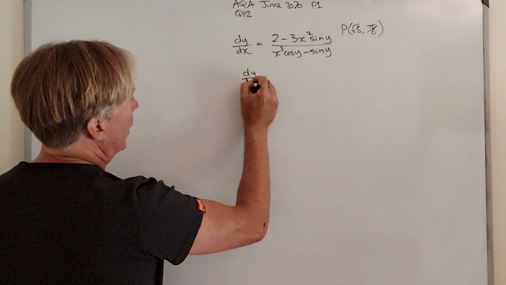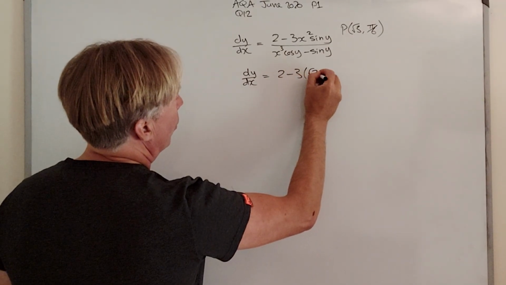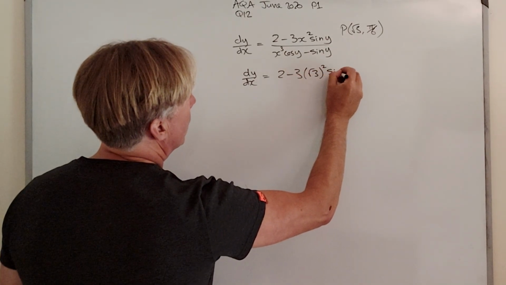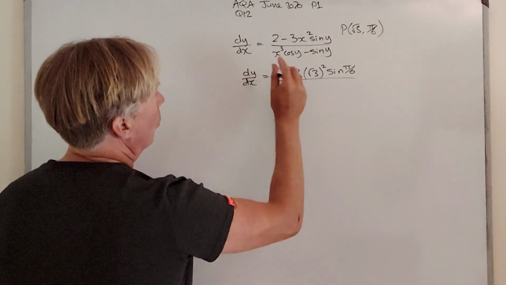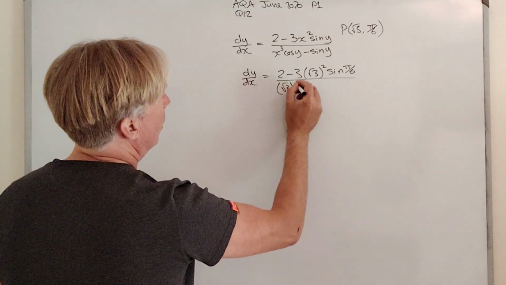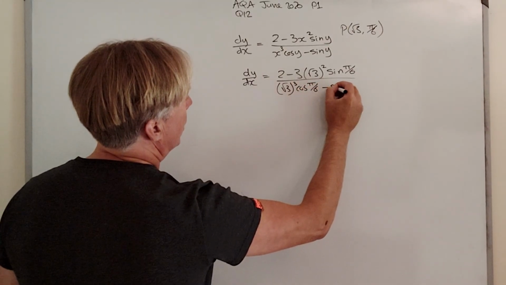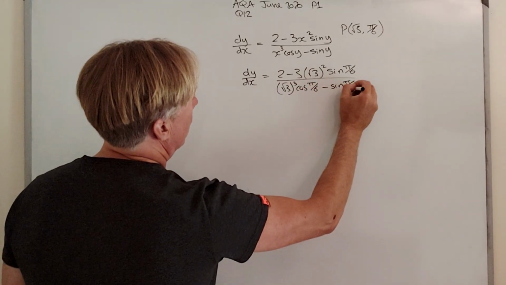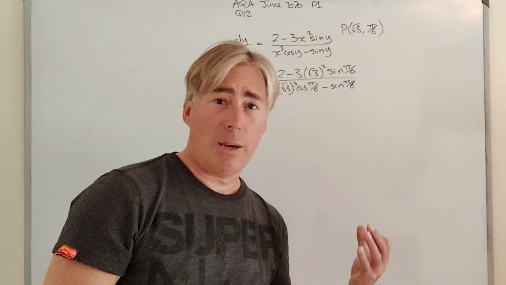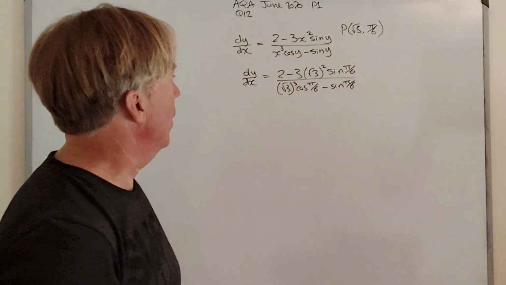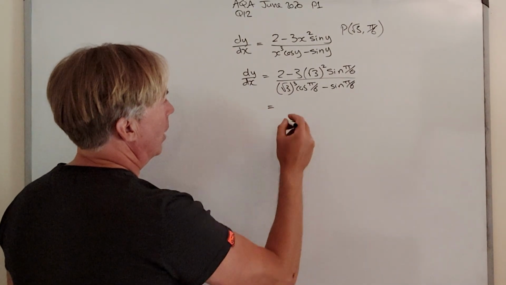So dy/dx is equal to 2 minus 3 lots of √3 squared sine π/6, all divided by √3 cubed cos π/6 minus sine π/6. Once again, we could just plug this into our calculator. I'm not a big fan of doing that. I just enjoy making things neater in my own head.